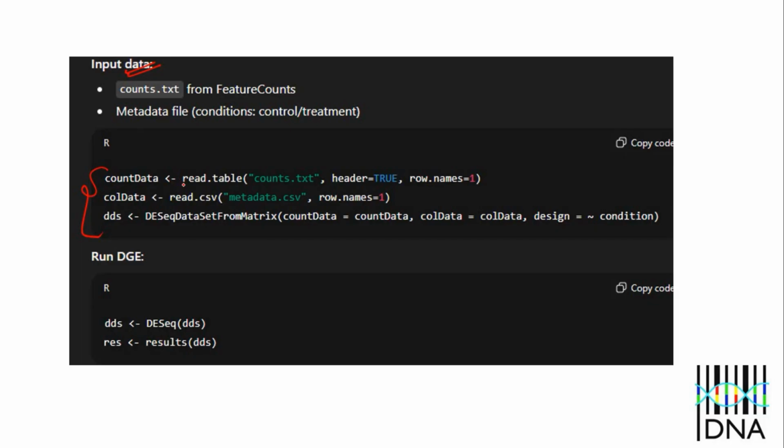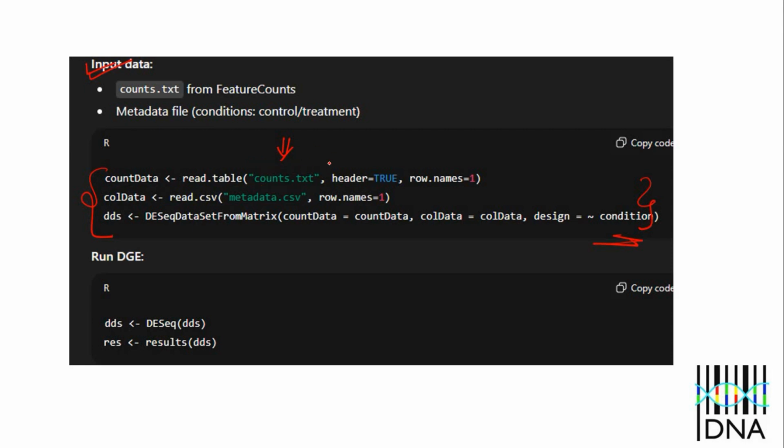Count data. Then input the data. For inputting the data, we use this command. And the count text file, we get this file after the feature count.